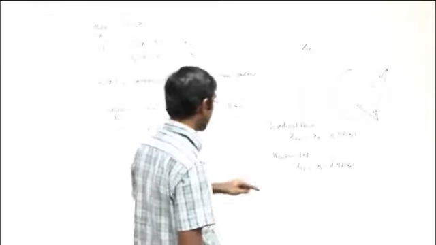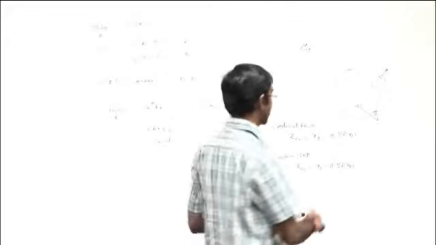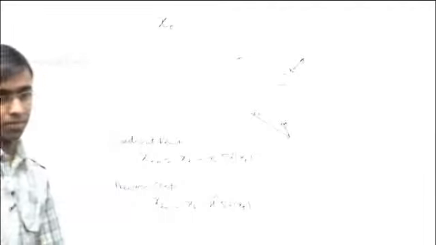You can try to do this type of thing in the case of constrained optimization as well. That is, now this point will be given by this, and then you can make a projection.